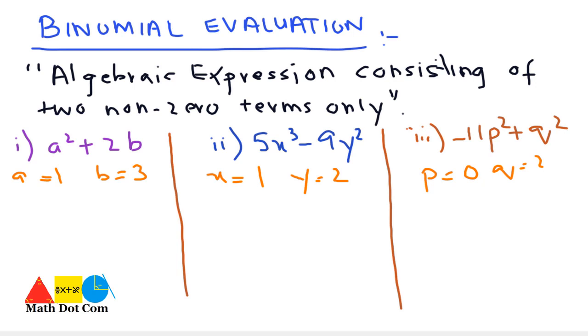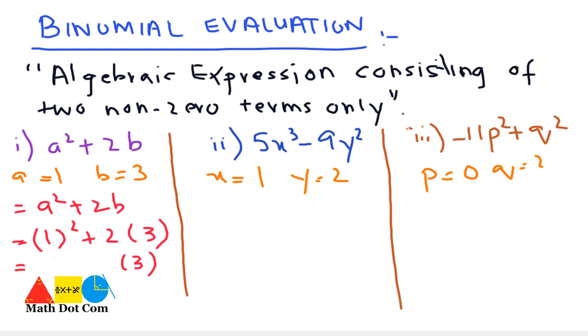Now we solve them one by one. A square plus 2b. A is 1, so 1 square plus 2 into 3, b is 3. The exponent is 1, plus 2 into 3, so 1 plus 6 and it will be 7.